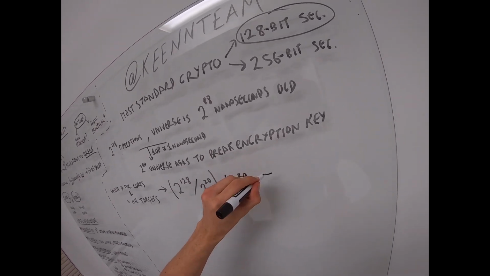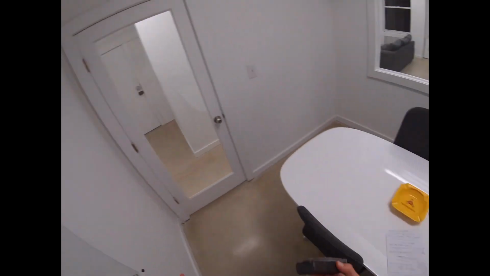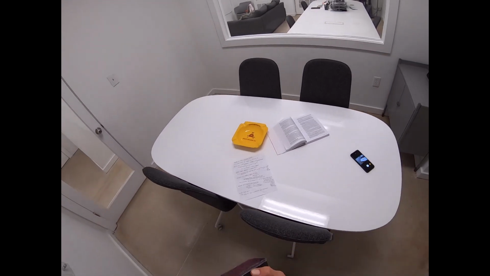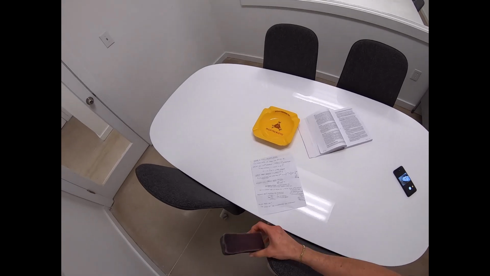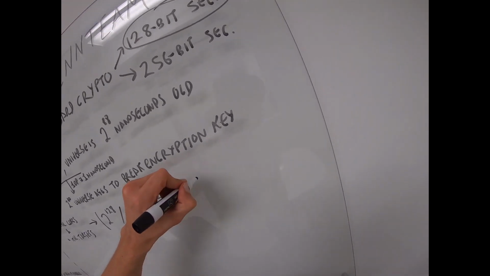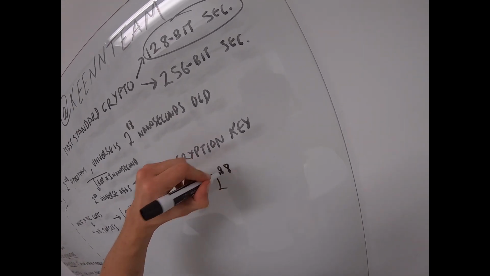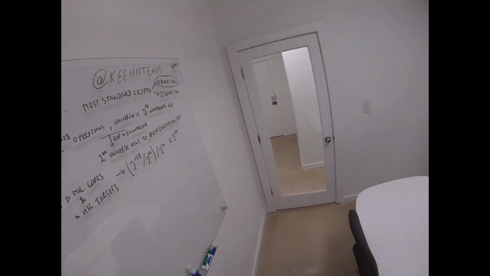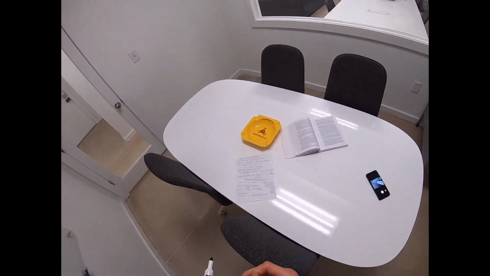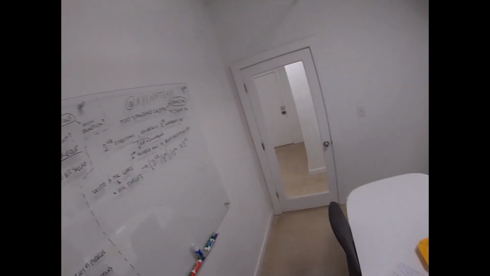And so this gives us, unfortunately for the attacker, fortunately for whoever is implementing the 128-bit security, still 2 to the 88 operations needed to break this 128-bit encryption, which is still the age of the universe.